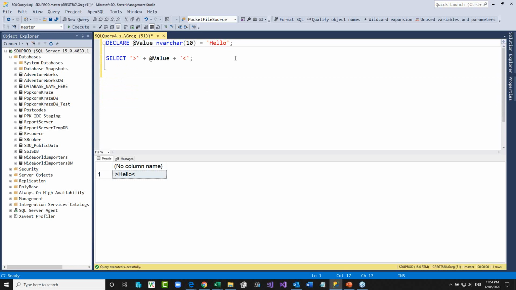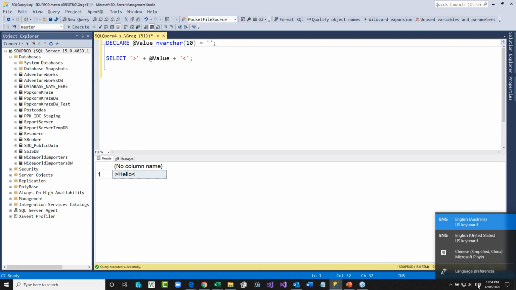So if I'm working with a Windows computer, I can tell it, this little English down the bottom here, I can add additional languages in there. So I've got English Australia and English US as keyboards, but I've also got, say, a Chinese pinyin in here. Now, I could add Japanese in there, I could add other ones in there, and they work just fine.